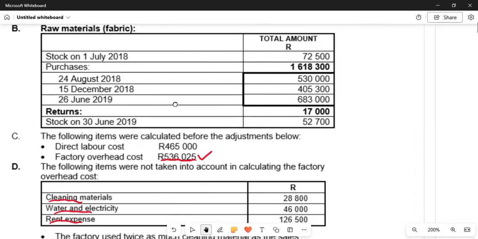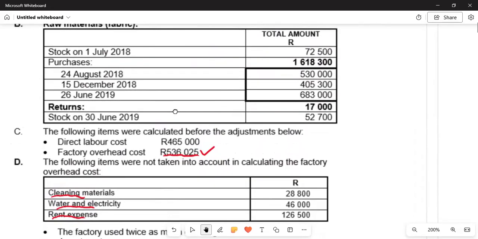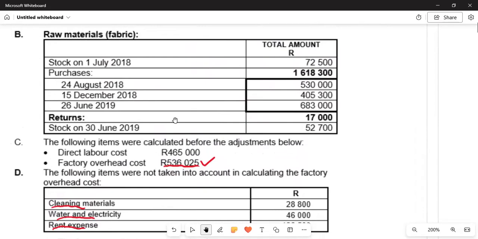So we are on information B. You can see clearly where it's written raw materials in fabric. So this is the information that is going to help us to calculate direct material cost, because it talks about the raw materials.